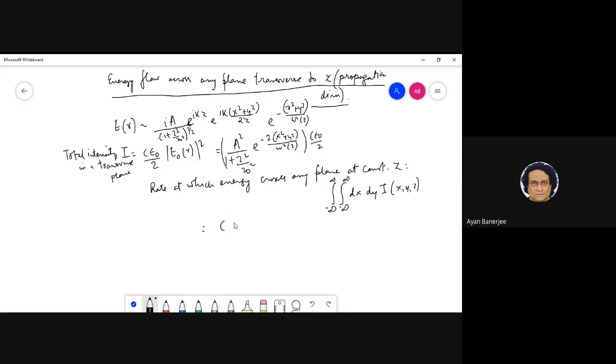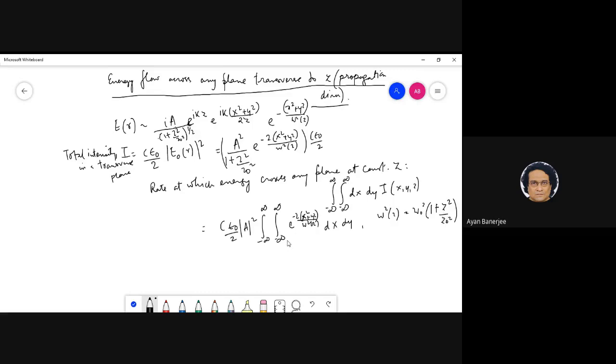So this will be c epsilon naught by 2, mod of A squared, integral from minus infinity to infinity, minus infinity to infinity, e to the minus 2 (x squared plus y squared) by omega squared z, dx dy. Remember that my omega squared z is actually omega 0 squared times (1 plus z squared by z0 squared).